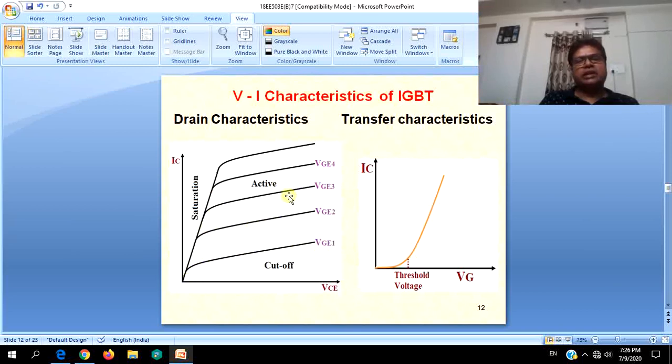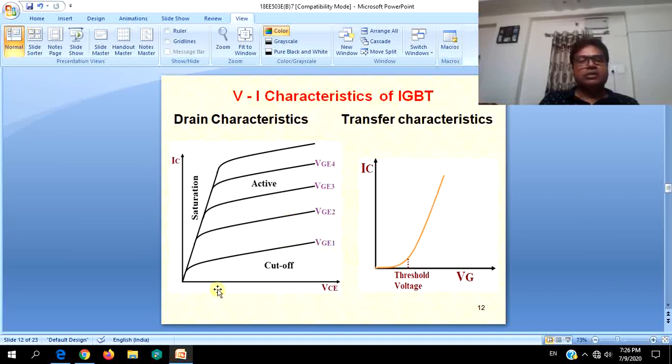That is gain in the current, and this is the cutoff region where it acts like a turned off or open switch. This is a saturation region where it acts like a closed switch, and this is the active region in which you have to operate the IGBT.